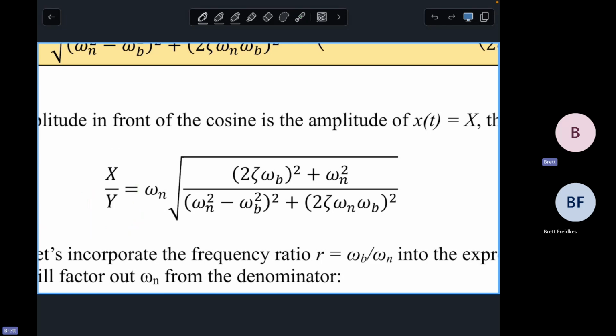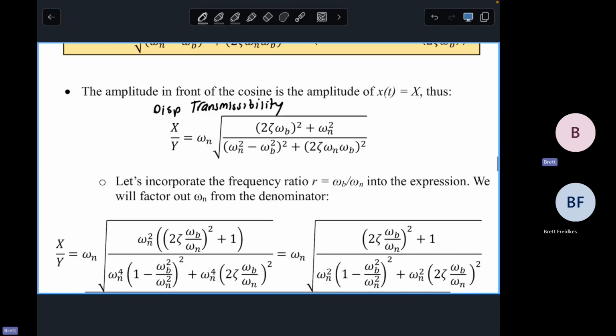Yeah. This is the displacement transmissibility. It's basically saying how much of y's motion is transmitted to the mass's motion. How much of the displacement of one is being transmitted to the other. That's what displacement transmissibility means.